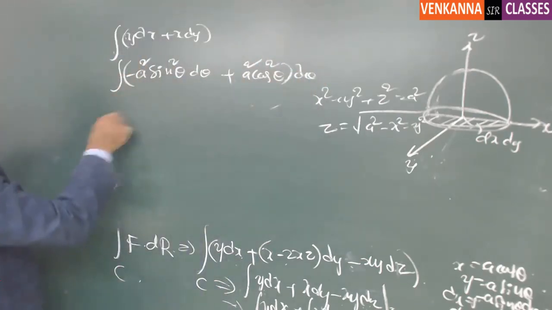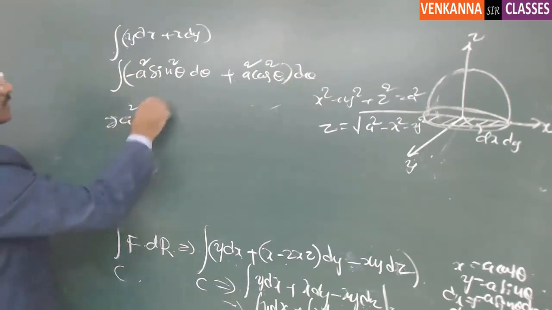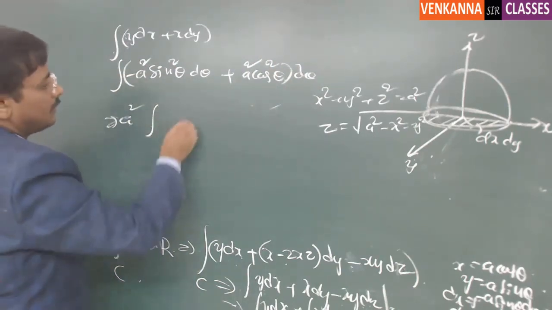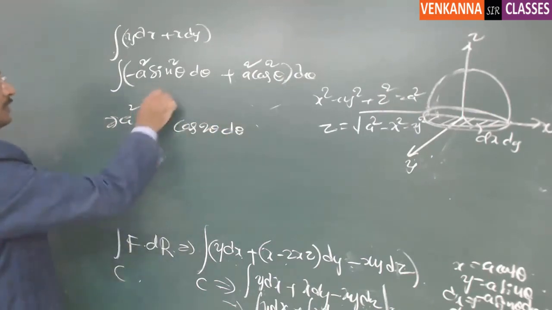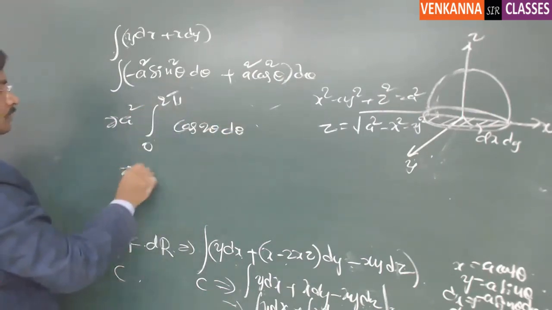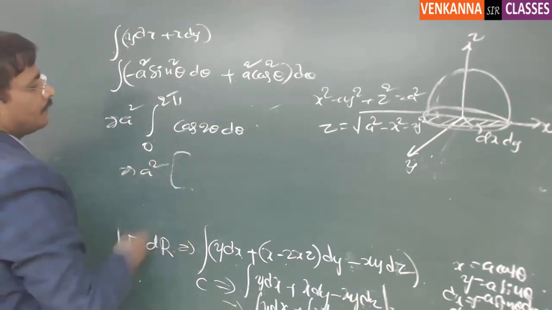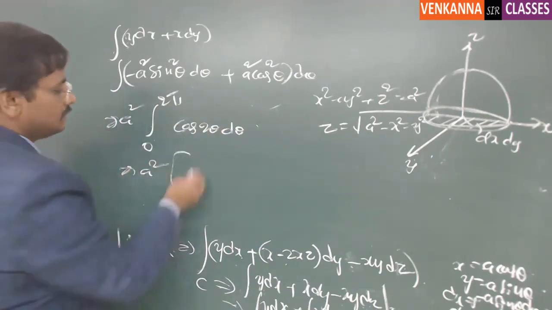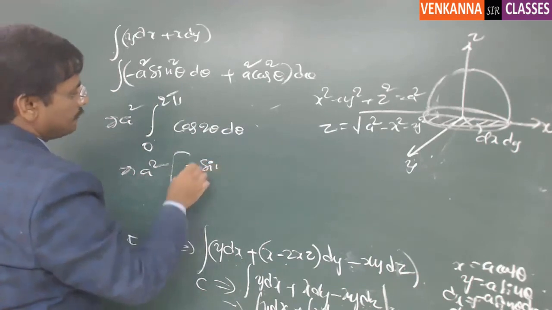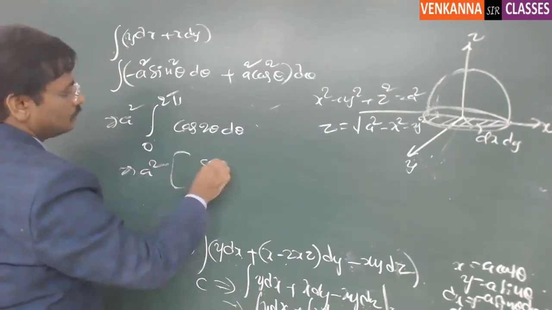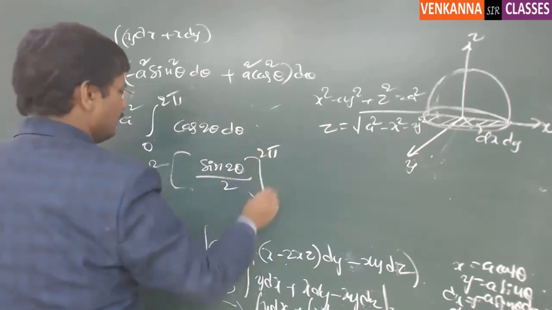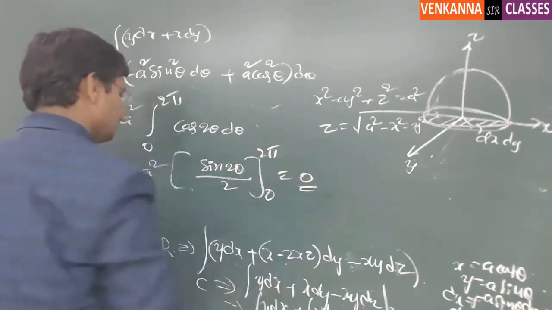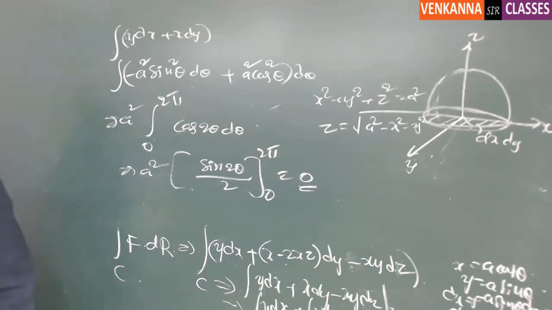If you take a square out, cos square theta minus sin square theta is cos 2 theta d theta, and theta is varying from 0 to 2 pi. So a square times the integral of cos 2 theta, which is sin 2 theta divided by 2, with upper limit 2 pi and lower limit 0. I think this is coming out to be 0. Got it?